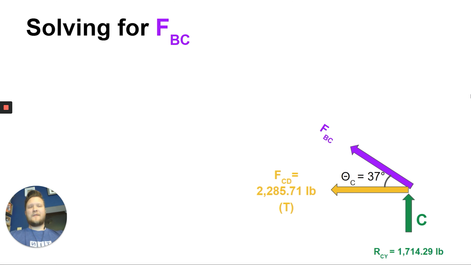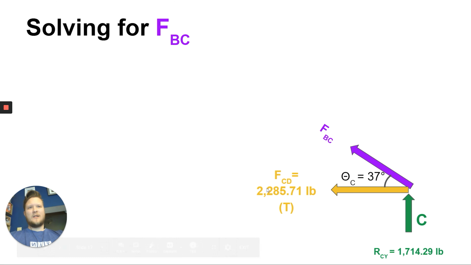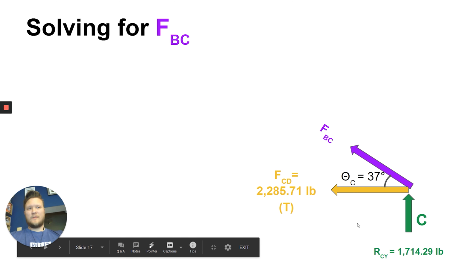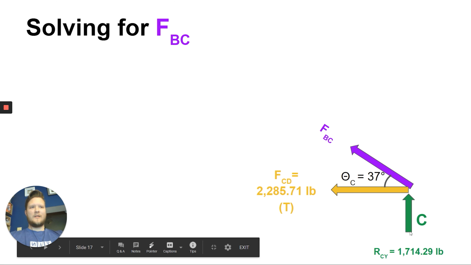Now we've solved for everything in our truss but FBC. Remember, we updated our free body diagram, so FCD equals 2,285.71 pounds of tension, and we have our RCy value. So now we can solve for FBC using this angle and the values we found.